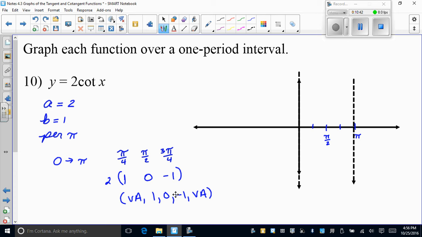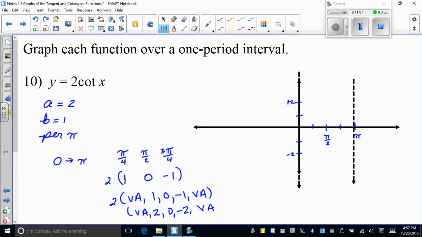Multiplied by 2, it's still a vertical asymptote. There it is, vertical asymptote. 2, 0, -2, and vertical asymptote. There it is. So I put in my 1, 2 values here, my -1, -2 values down here. And then we can graph these.